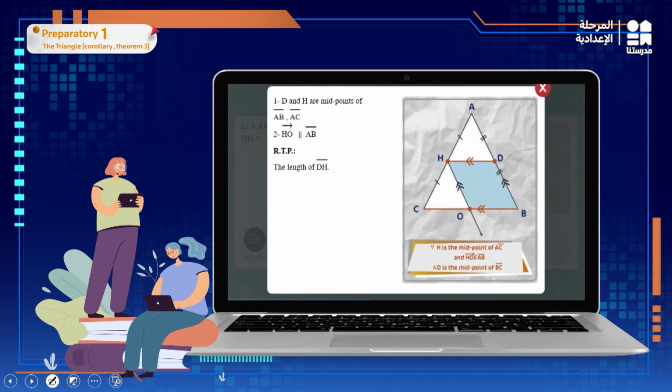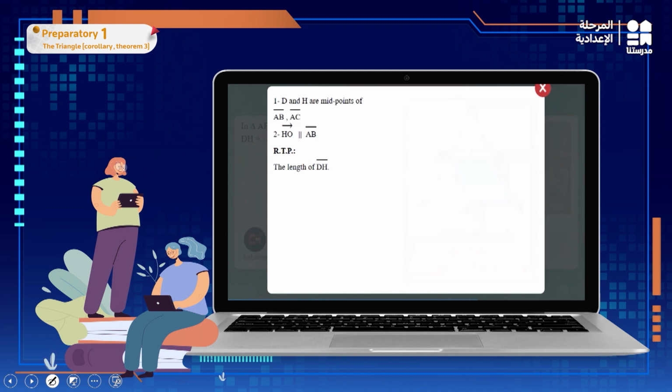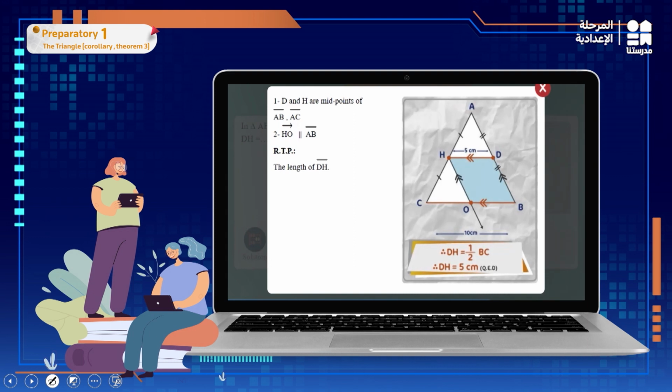Also, it is important to know that point H is the midpoint of the line segment AC, and ray HO is parallel to AB. Hence, the point O is also the midpoint of the line segment BC. Consequently, from the properties of a parallelogram, BO equals half of BC and DH equals BO. This means that DH equals half of BC. Therefore, DH equals 5 centimeters, and that is the correct answer.